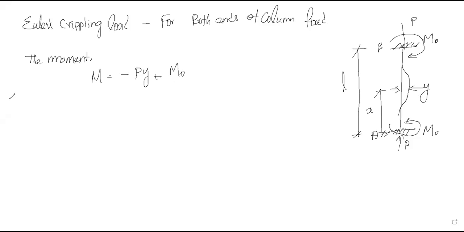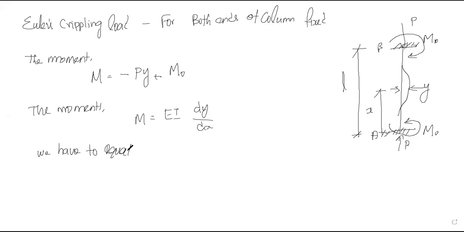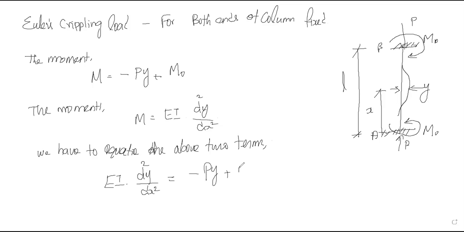Now we all know that the moment will be represented in terms of M is equal to EI into d squared y by dx squared. So now we have to equate the above two terms. Then the equation becomes EI into d squared y by dx squared is equal to minus P into Y plus M naught.